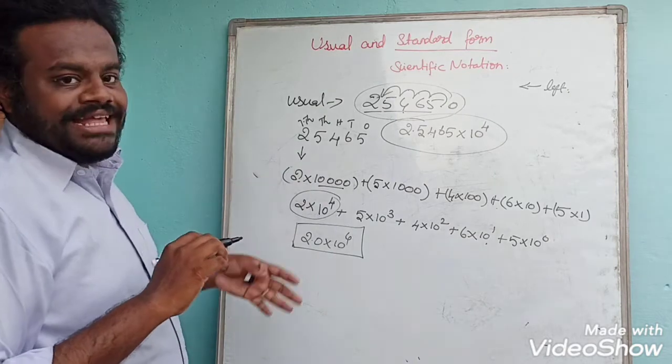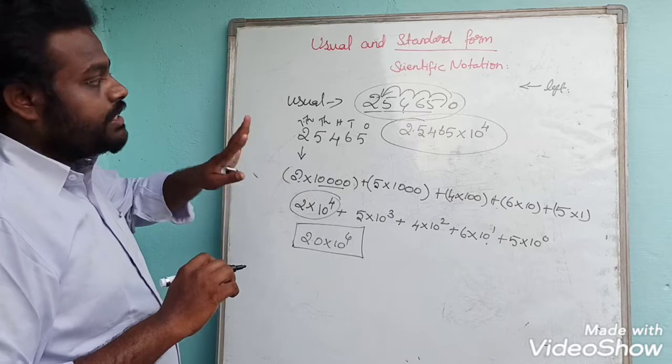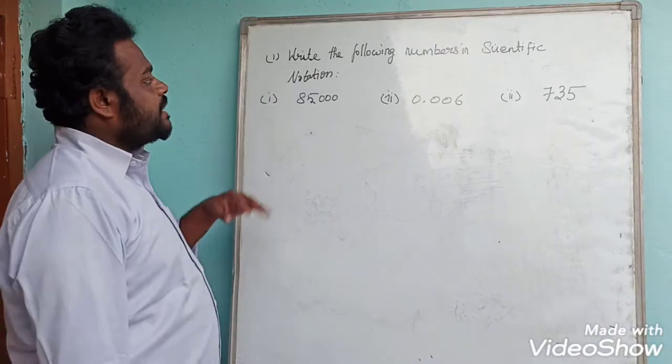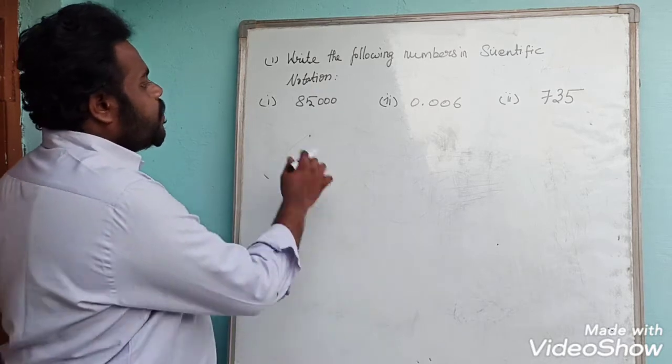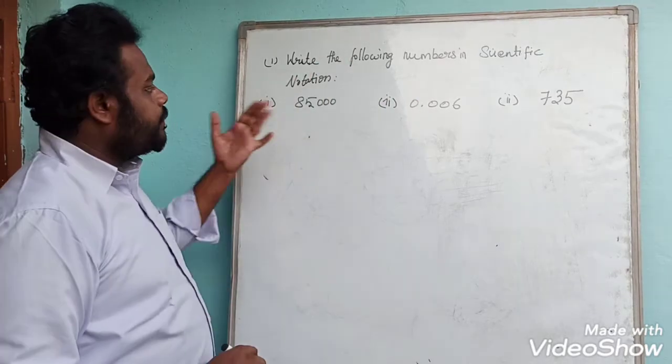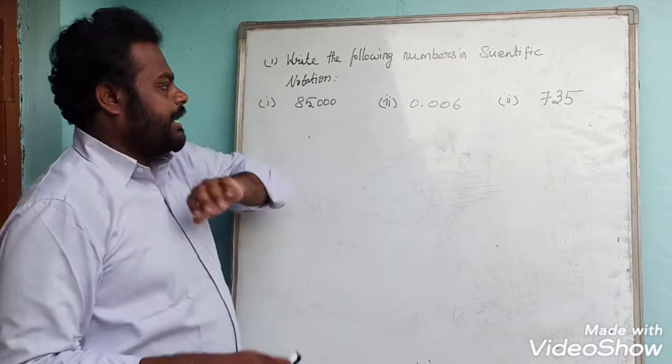Now we see some examples, usual form to scientific notation. Write the following numbers in scientific notation. Here all the numbers in usual form are whole numbers or decimals.